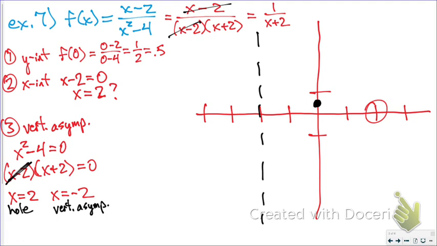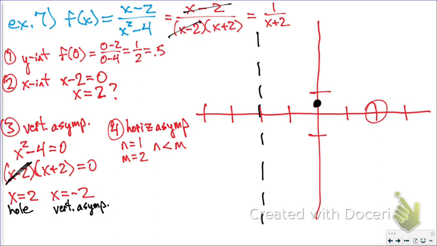And then horizontal asymptote, that's pretty straightforward. Nothing weird on that. It appears like you get 2 different answers depending on if you look at the blue or the red at the top. But really, you get the same. If you look at the blue, the largest exponent is 1, the largest exponent is 2, and n is less than m.